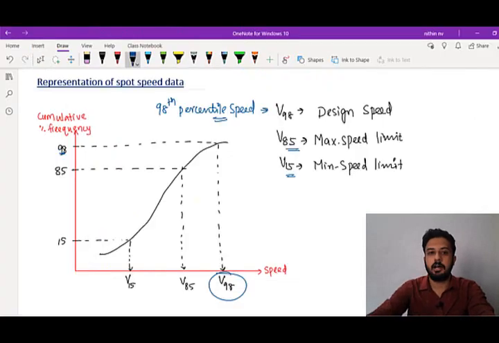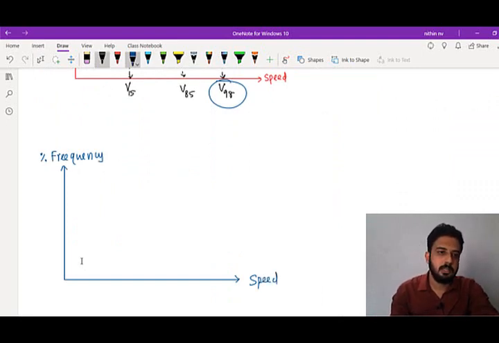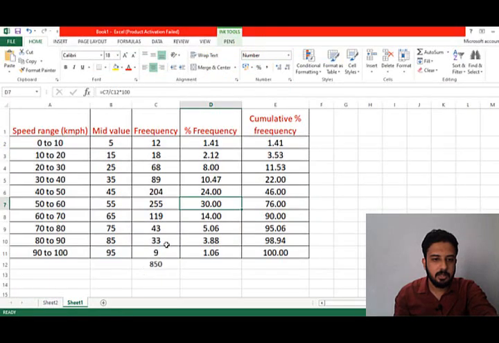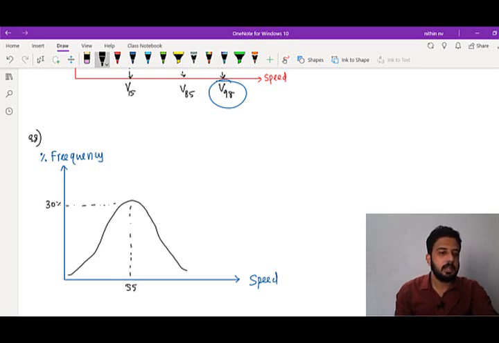So if you are drawing a graph like this, it means in the slower speed range it keeps on increasing, then it is decreasing. According to this data, the maximum percentage is 30, corresponding to 55. So in our example, corresponding to 55, you are getting maximum percentage as 30. Correct? This is what we are getting from our analysis.